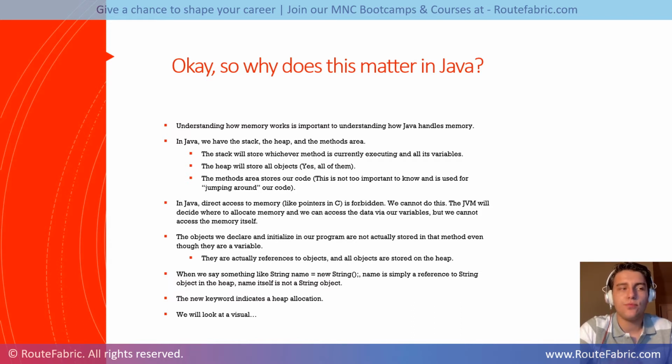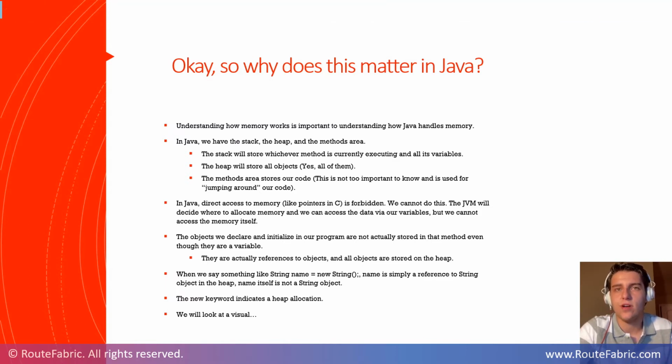So as I briefly touched on, in Java, direct access to memory is forbidden. In something like C, we have a data type called pointers, which allow us to directly access memory addresses. You cannot do this at all in Java. There's no way to do this. So what this means is that the JVM will decide where to allocate memory, and then we can access our data via our variables, but we cannot access the memory itself.